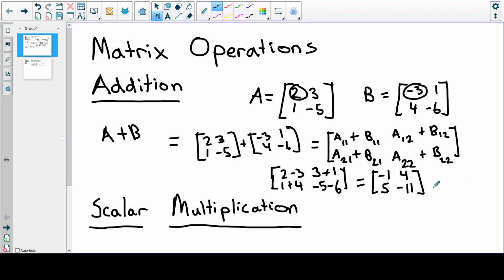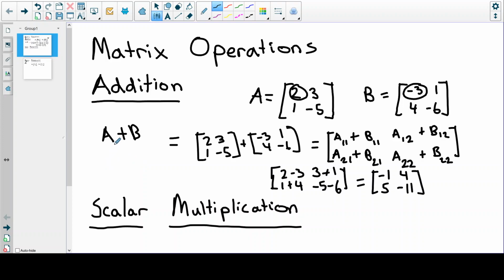It's basically like adding numbers, but you have to remember that you add the row and column entries that are the same in each matrix to get the same location in your final matrix. Now the big thing to know is that you can only add matrices that have the same dimension.